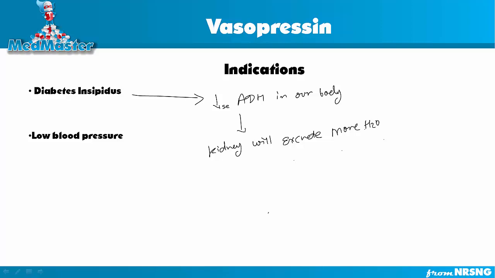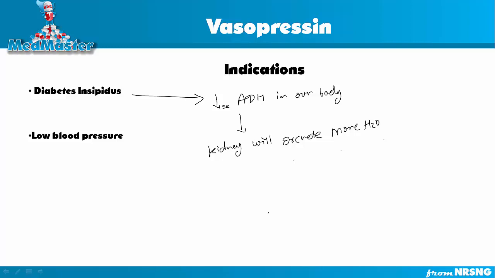There are two types of diabetes insipidus. We'll talk in a bit about that too. So when there's a problem with ADH, the kidney won't be able to reabsorb more water, and it will excrete it through the urine, and basically that's diabetes insipidus.